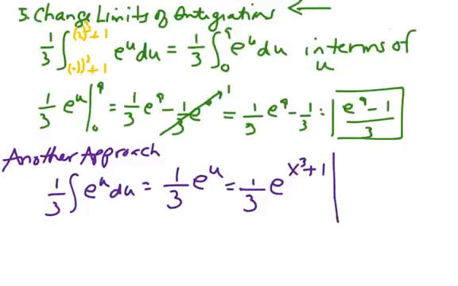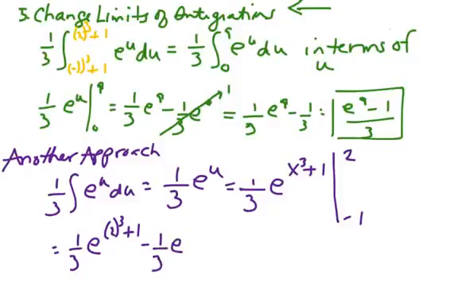Evaluate that, and you can leave the limits in terms of x. So let's substitute in, and this is 2 cubed plus 1, right? I'm going to drag along the 1/3, minus 1/3 e to the negative 1 cubed plus 1.